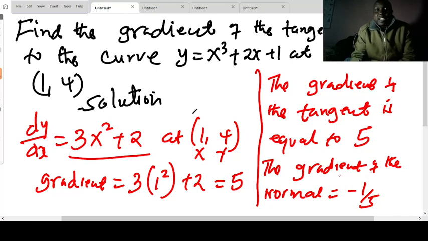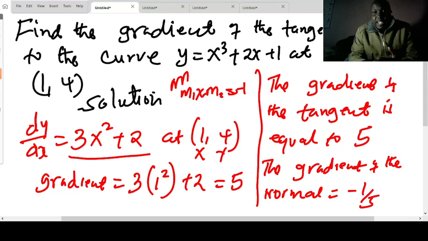Because for perpendicular lines, M1 times M2, the answer should be negative 1. Because the normal and the tangent are perpendicular, when we multiply the gradient of the tangent and the gradient of the normal, the answer should be negative 1. So 5 times negative 1 over 5, the answer is negative 1.